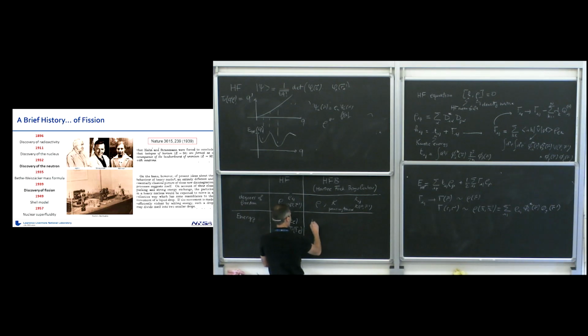For HFB it is actually pretty similar because it's still trace of T rho plus 1/2 trace of gamma rho. But then there is an additional term, which is the trace of an object called delta times the complex conjugate of kappa.